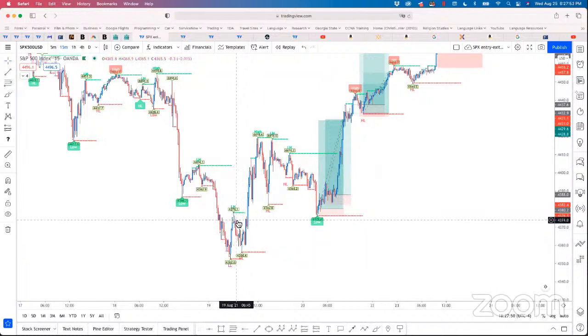I'll keep this one open, add on right here, and that'll be my stack because I got two already. Then I would add on again somewhere else down the line when I see something else that I'm looking for, or I just won't add on at all. I'll just ride with what I got.